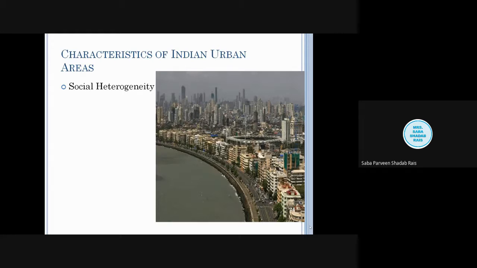Hindi, Gujarati, Marwadi, Kannada, all the languages you can hear in Mumbai. Why? Because they are residents of Mumbai, but they have come from various places. They are natives of various areas. So that's why we follow different customs and traditions, and you will observe different food habits and different things.